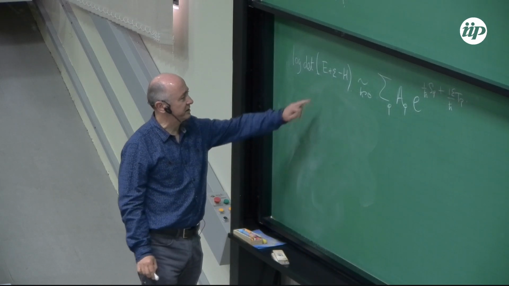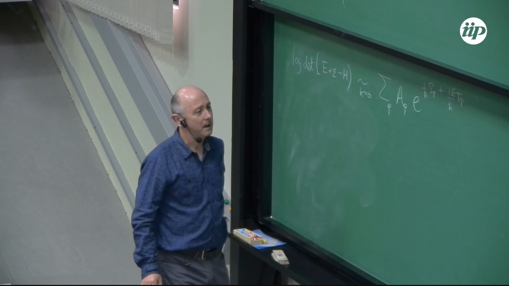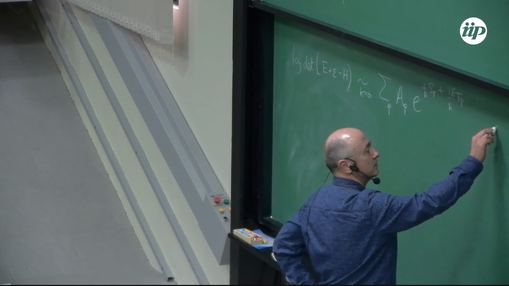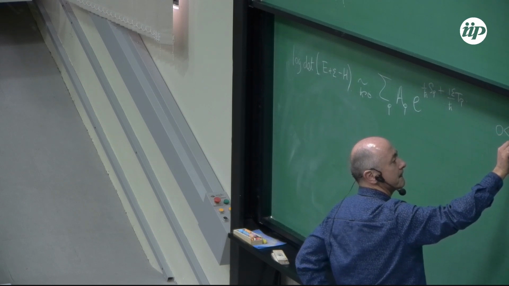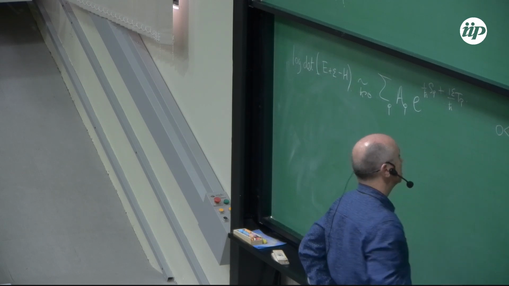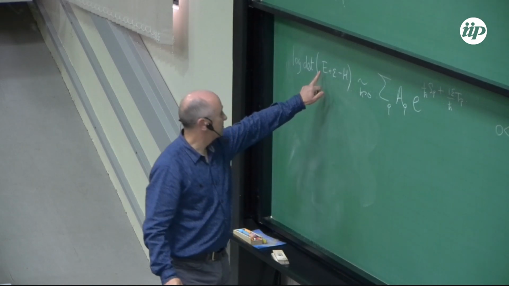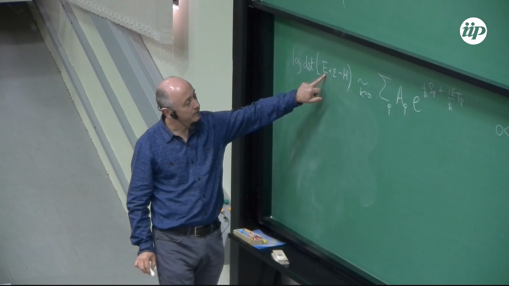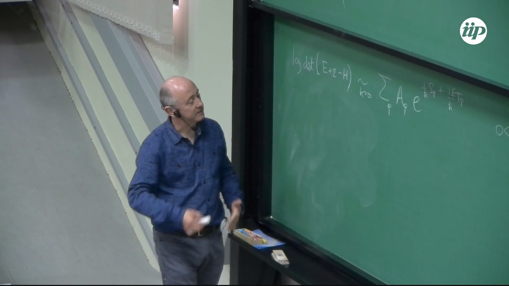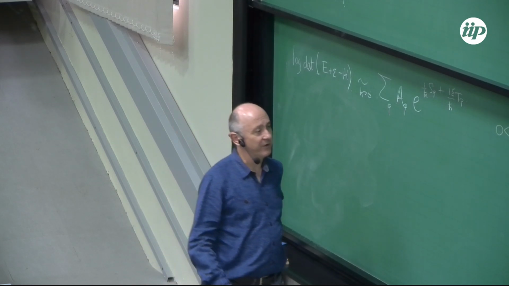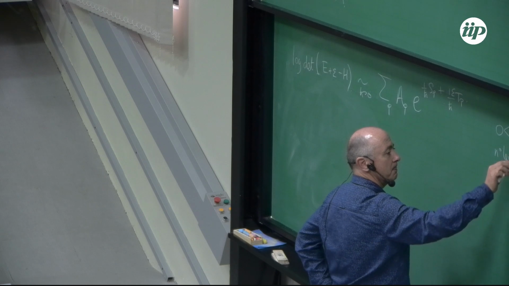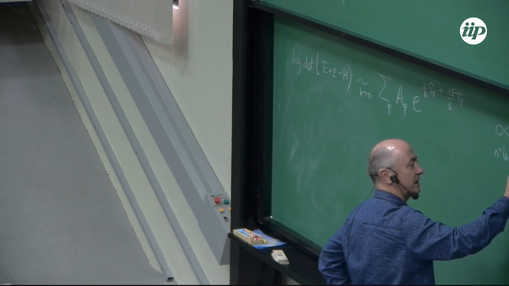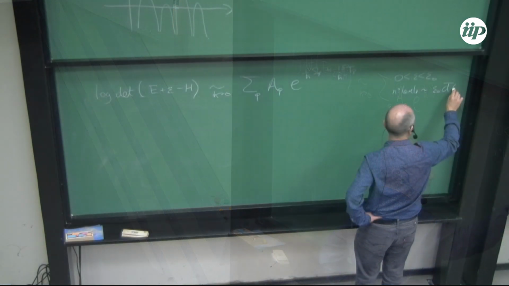And I'm going to imagine this small energy window to be of some fixed size. So it's a window in energy starting at E, going up to E plus epsilon 0, and the number of energy levels in that range will be something like epsilon 0 times the mean level density.